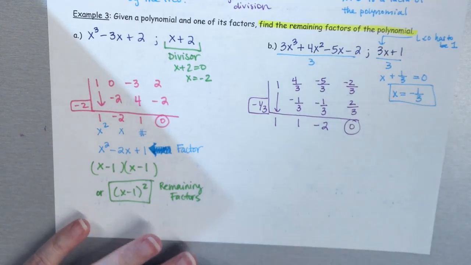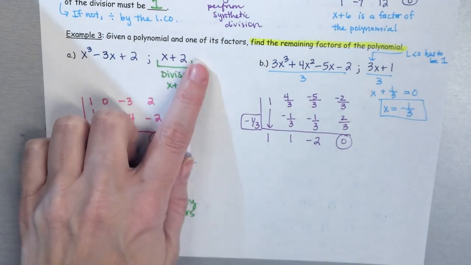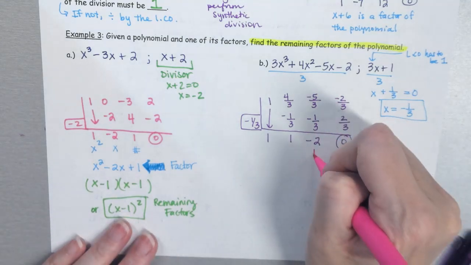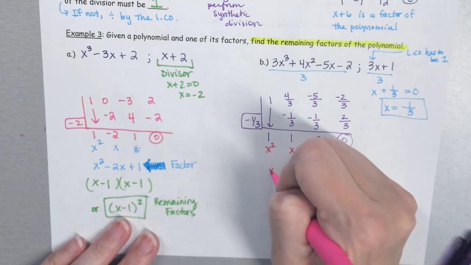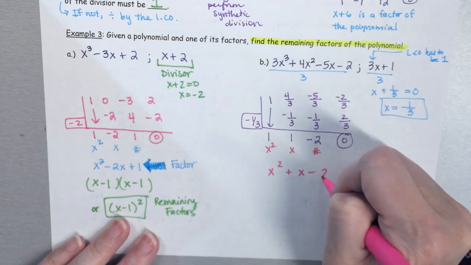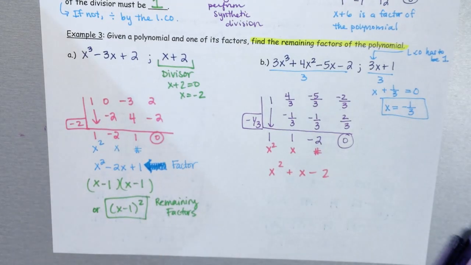Okay, and then you should always get 0 because they're telling you that this is one of the factors. The reason we're using this is so that we can take this trinomial and find the other factors by factoring. If it's unfactorable, then this would be your final answer.